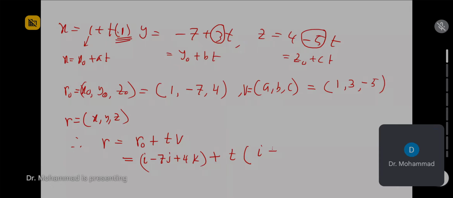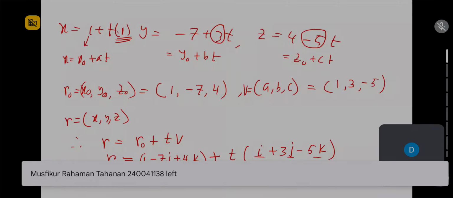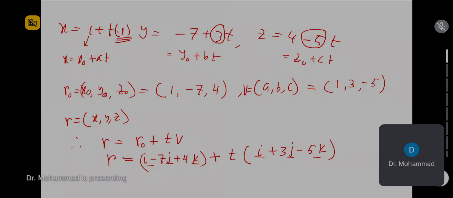I plus 3J minus 5K. So this is basically our parametric equation in terms of Ijk vector. Isn't it? Yes, sir.